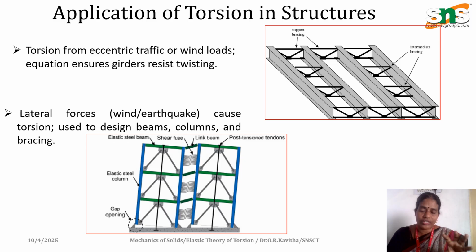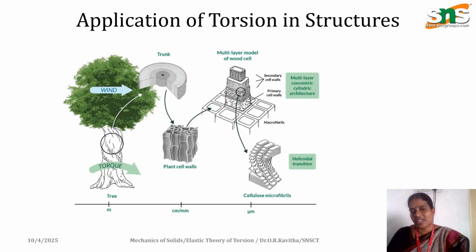In a proper design, we provide bracings to avoid these torsion effects. Therefore the calculation of torsion is very important in designing such buildings. Here you can see different models they have taken, showing how torsion occurs and how buildings are subjected to torsion.